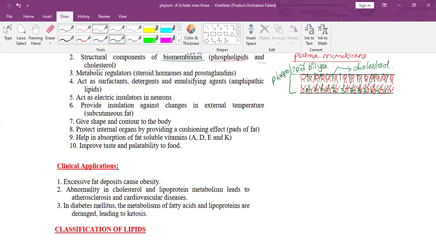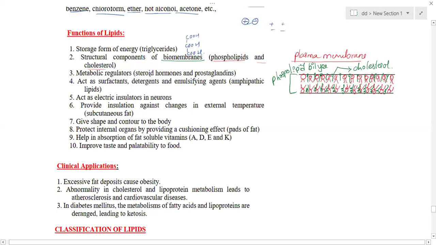Then metabolic regulators, like steroid hormones, some of the hormones produced in our body, and some prostaglandins are lipid in origin. Some of them act as electric insulators in the neurons.